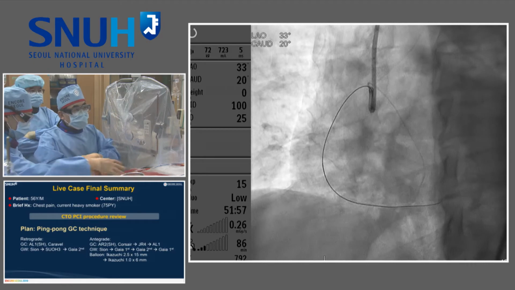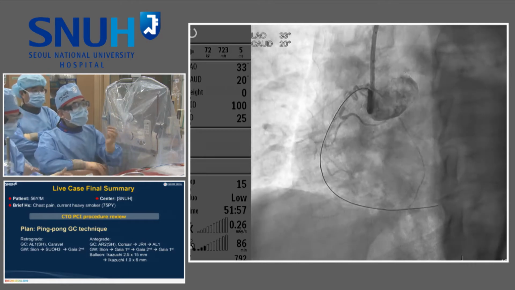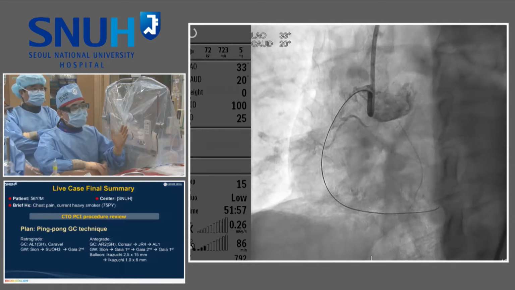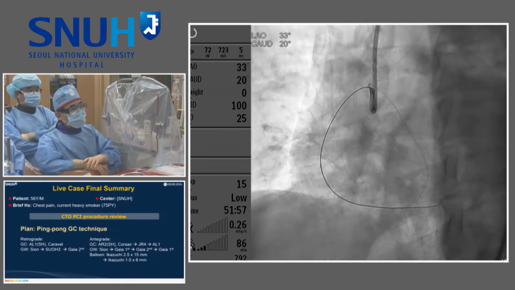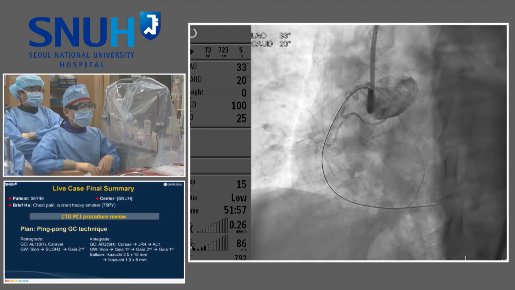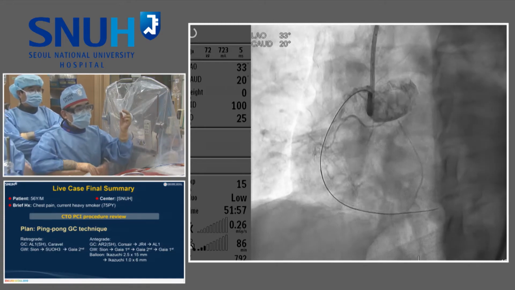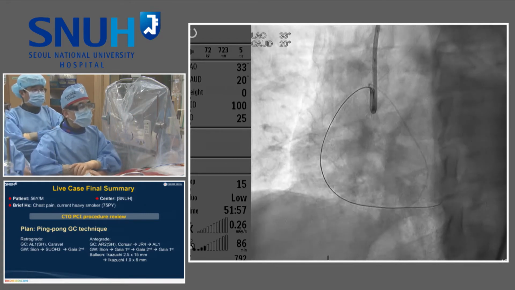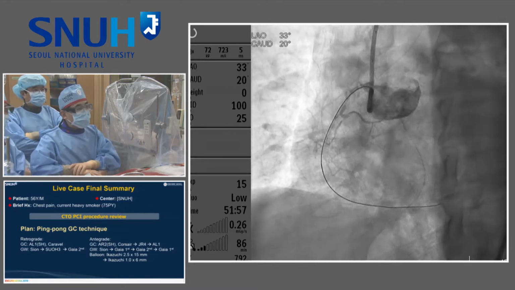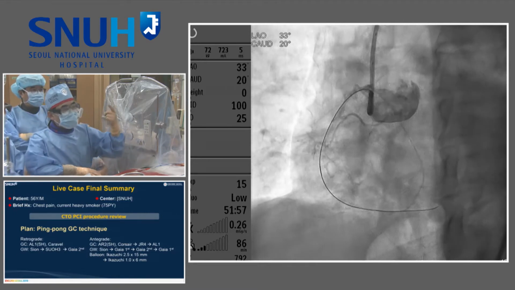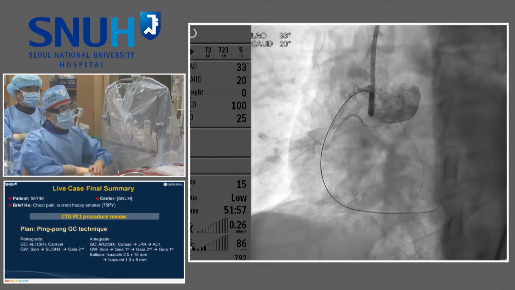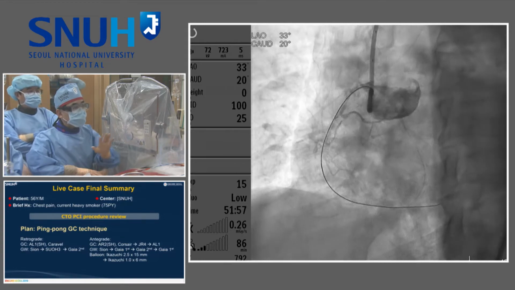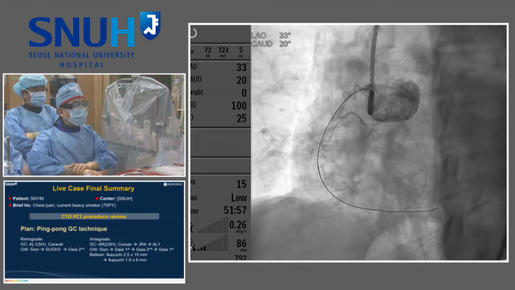Another important situation is when you remove the RG3, please don't make a tension, then make a kind of laceration injury to the septal artery or other. And at that time, the guiding catheter is deeply engaged. Thus, that may cause left main ostial dissection or RCA ostial dissection. Thus, always when we use RG3, there are two very important steps that you have to pay attention to avoid damage.